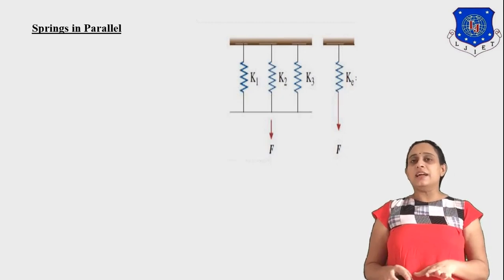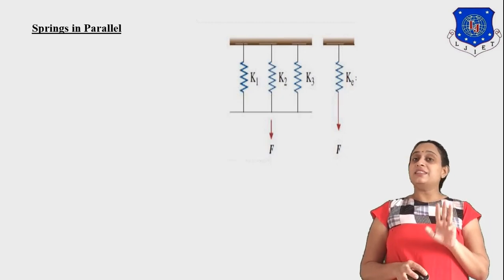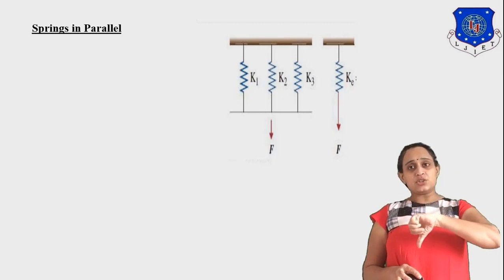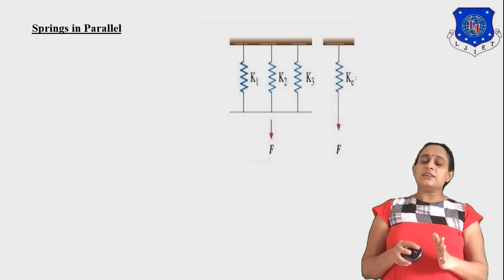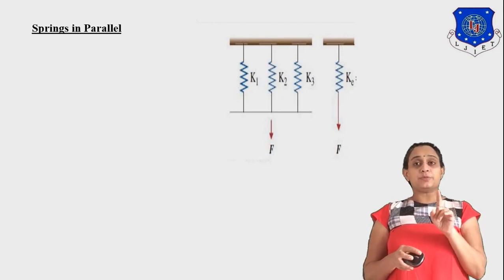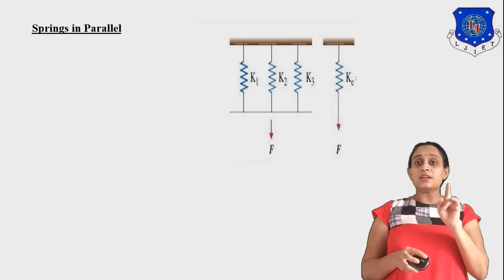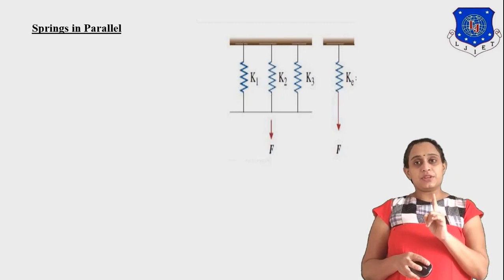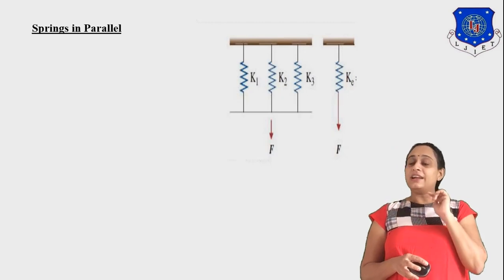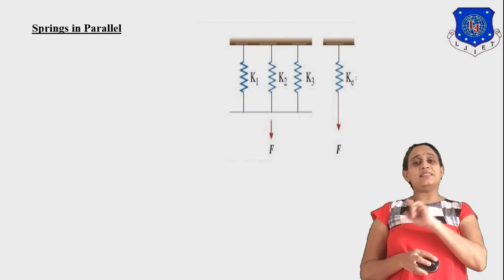Suppose, as you see in the diagram, we have 3 springs in parallel and the downward force is F. We assume a single spring having equivalent spring stiffness K, with the same force F applied.